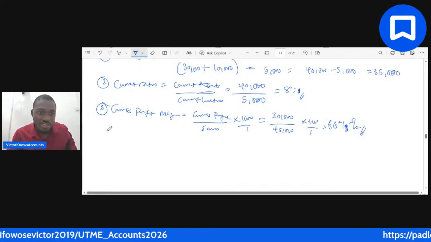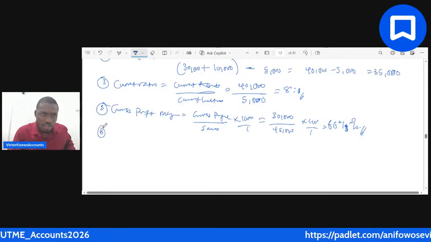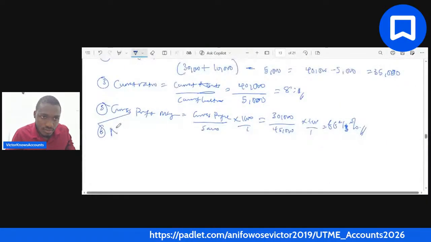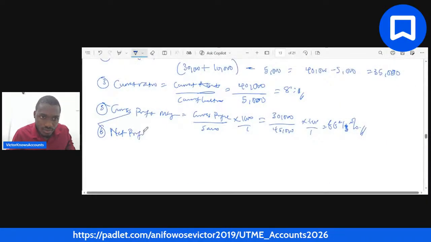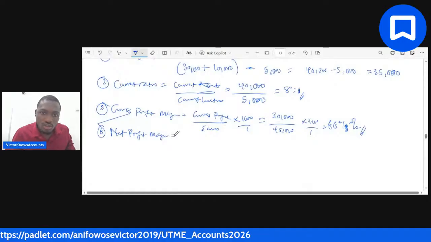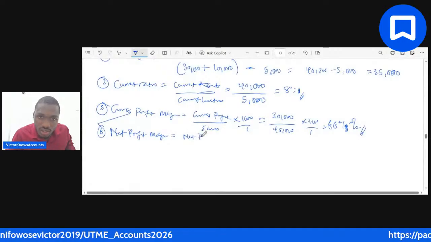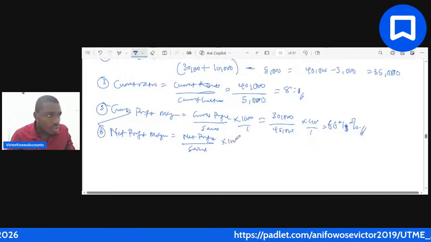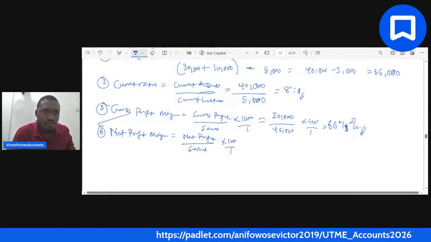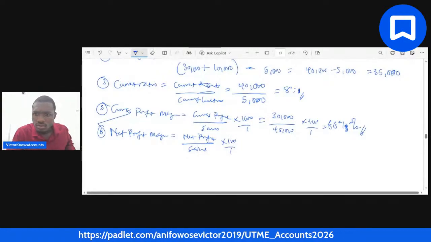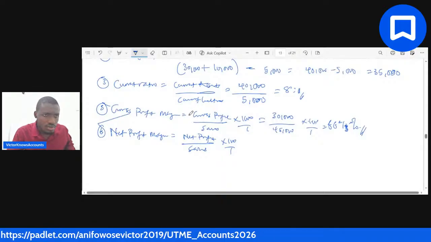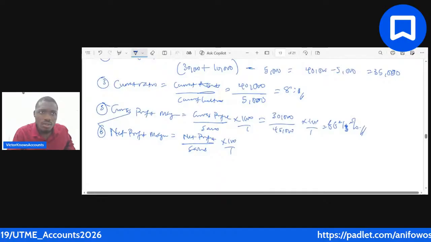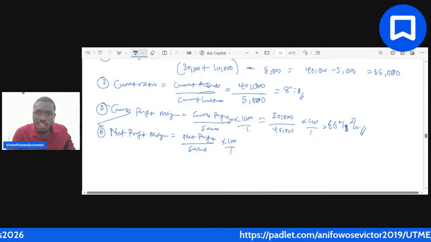So now let's look at net profit. Net profit margin is equal to net profit over sales multiplied by 100 over 1. So what's our net profit?